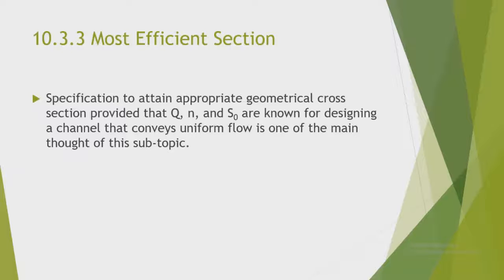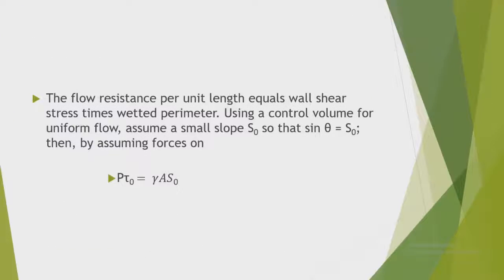Most efficient section. Specification to attain appropriate geometrical cross-section, provided that flow, Manning coefficient, and slope are known, for designing a channel that conveys uniform flow is one of the main thoughts of this subtopic. Once chosen, an optimum sizing of the cross-section can be based on the criteria of minimum resistance to flow.